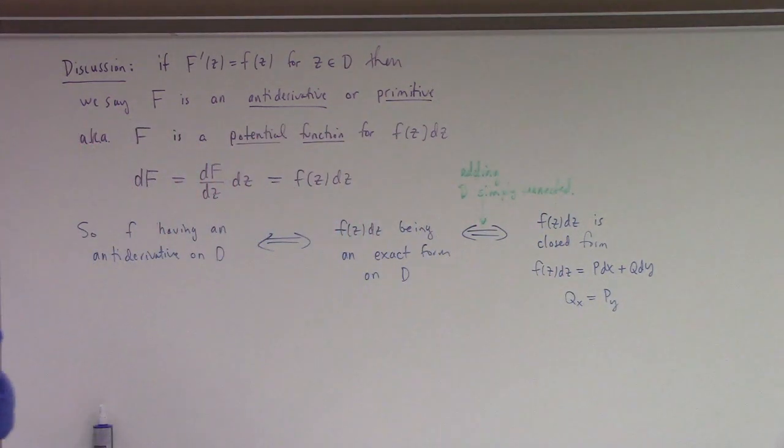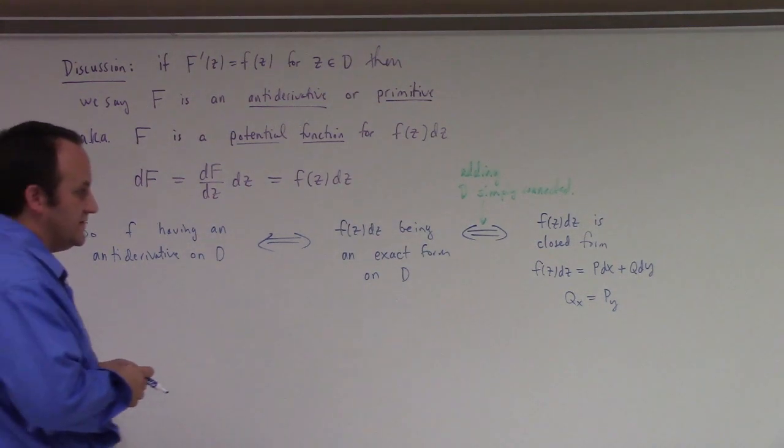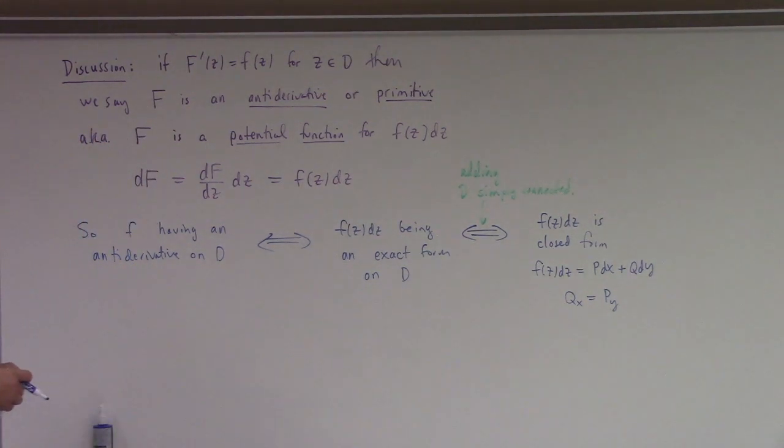In other words, you satisfy the condition that's needed to make the area integral in Green's theorem vanish. Or equivalently, the exterior derivative of the differential form f of z dz is 0. That's the closed condition. So we have these different viewpoints, yeah? And they each have their merit.